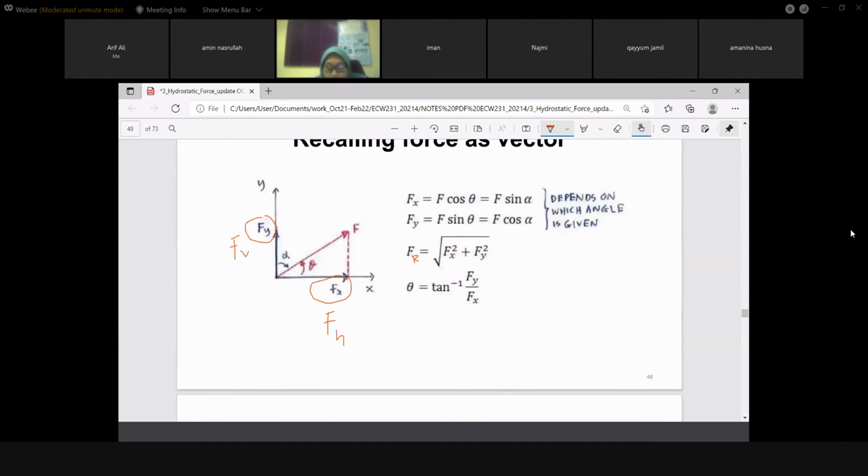Okay, let's say on this curve, for example. You have this curve. This is like a semicircle. This is the hinge, and the water surface.